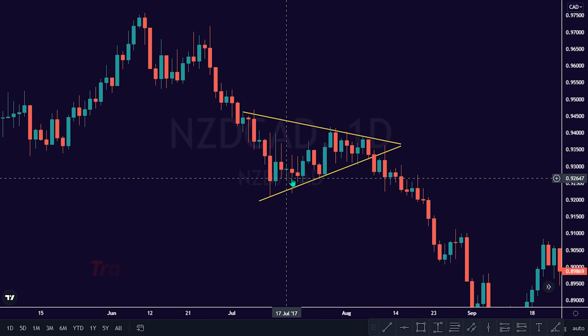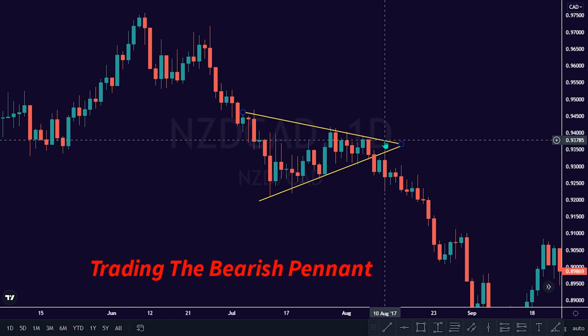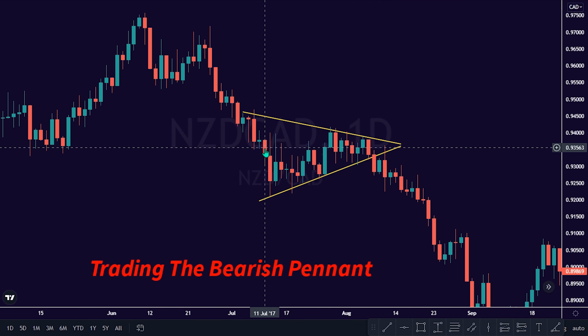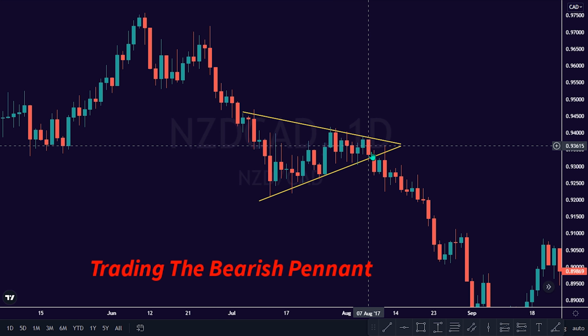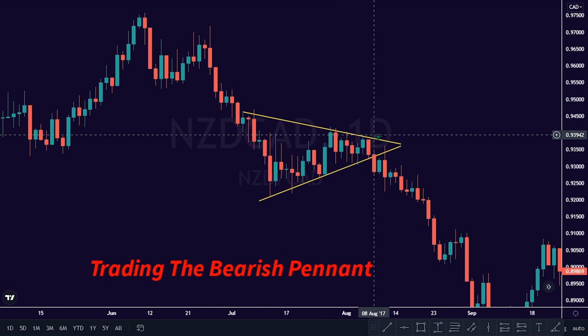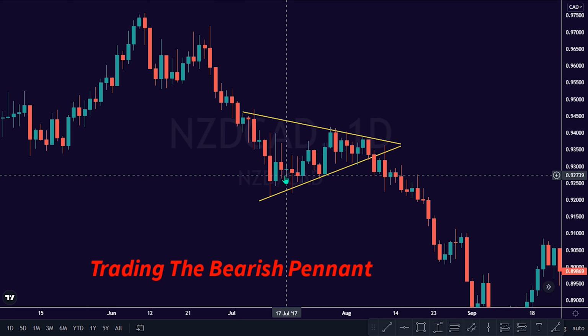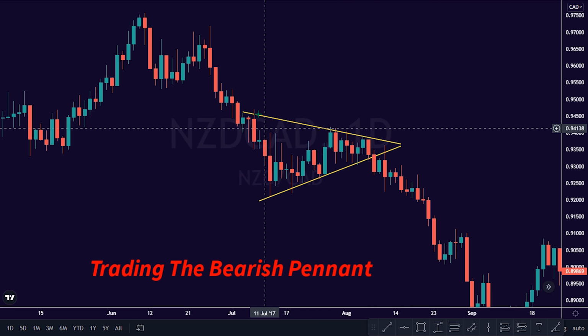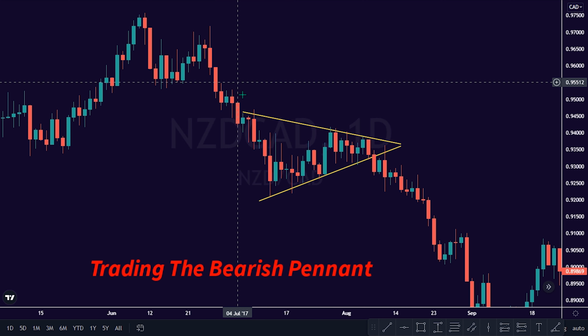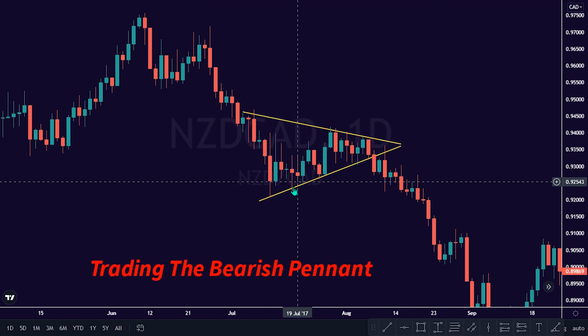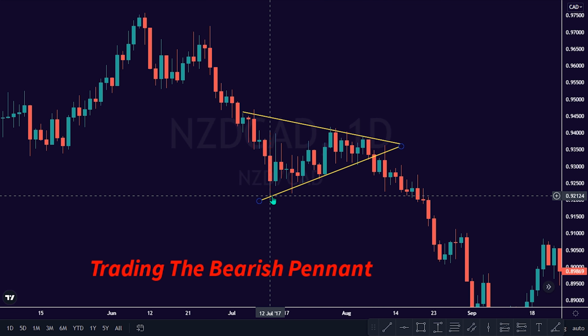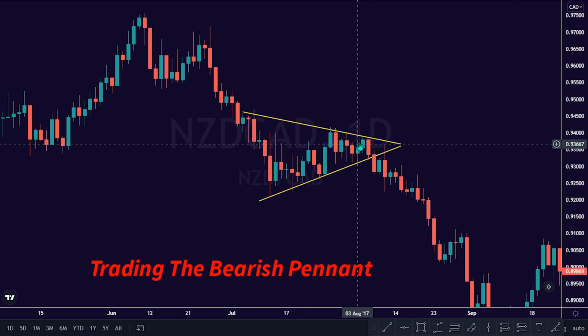How can we trade the bearish pennant pattern breakouts? To trade a bearish pennant, we need to look out for the consolidation of price, which transformed into a bearish pennant in a bearish trend. As we can see on this price chart, after price rallied to the swing low here, price went through a consolidation phase.